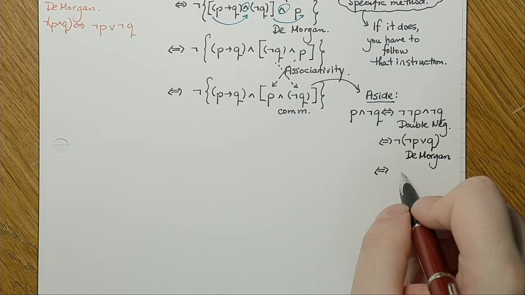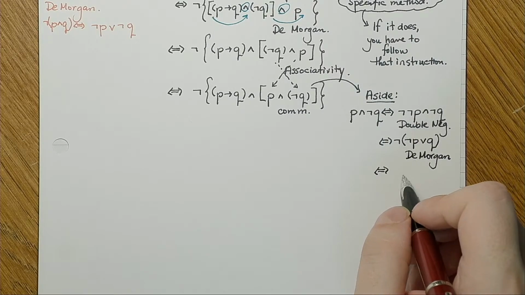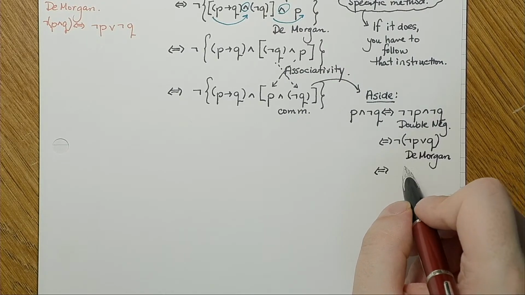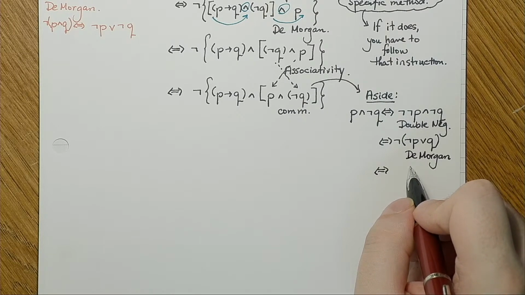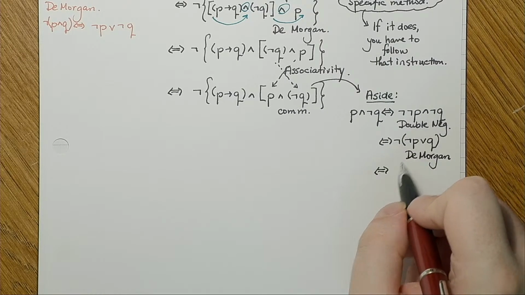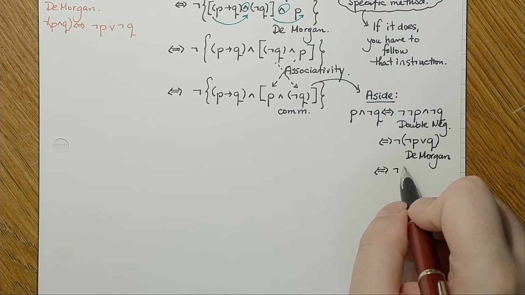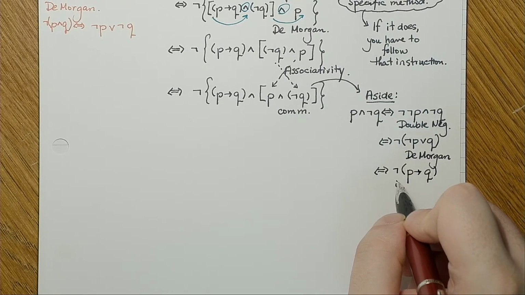In either case, it's best to be working these rules, and you remember them by practicing them. The next one that we're going to do is I have a not P or Q. So that is logically equivalent to P implies Q by the implication rule.